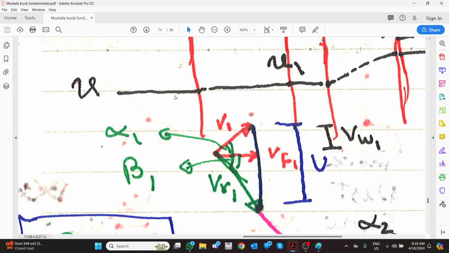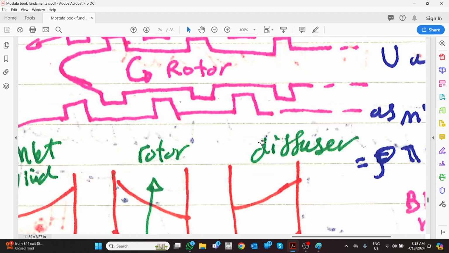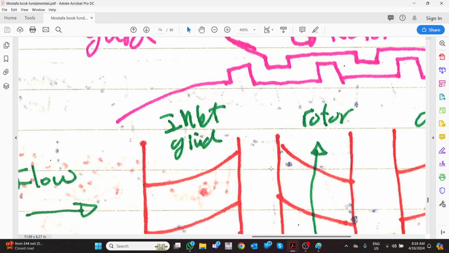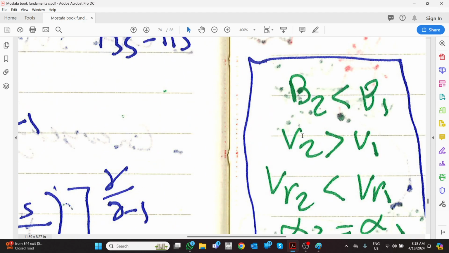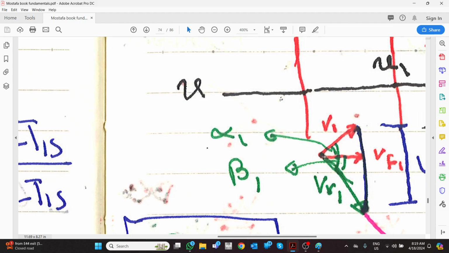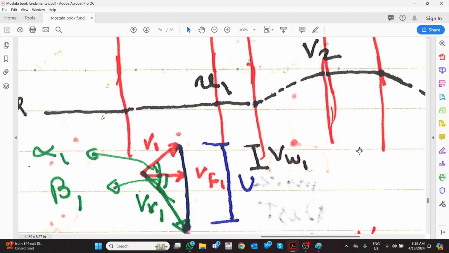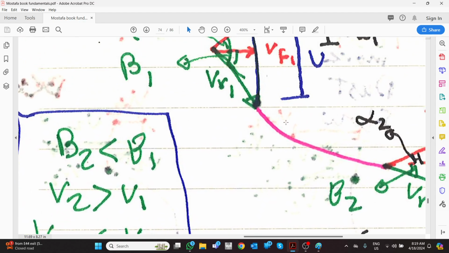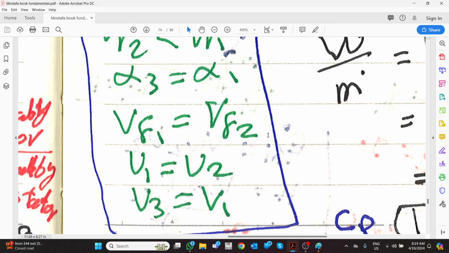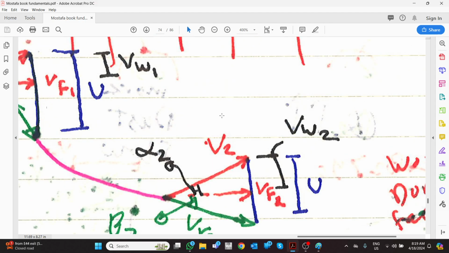So this one will be V flow, and we agree that this V flow is equal everywhere. And because we need everything to return back to its original condition again, we know that beta here should be equal to beta here, or the plate angles.